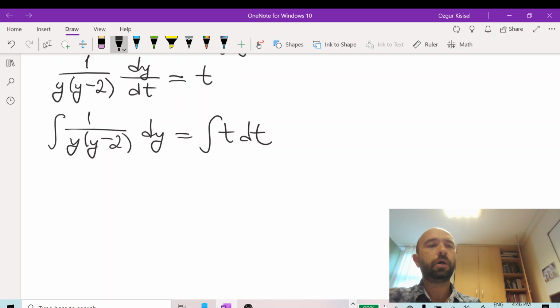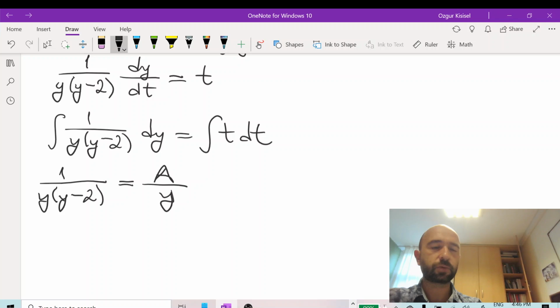Okay, how do we integrate the left-hand side? Maybe let's remember a couple of things from calculus. This is a rational function. Therefore, the best way seems to be to use partial fractions.